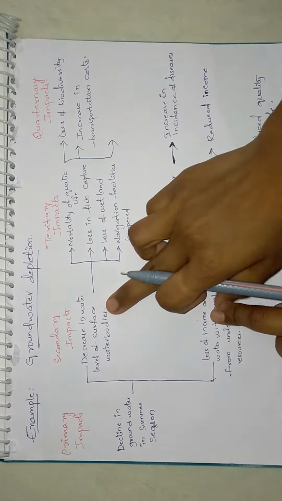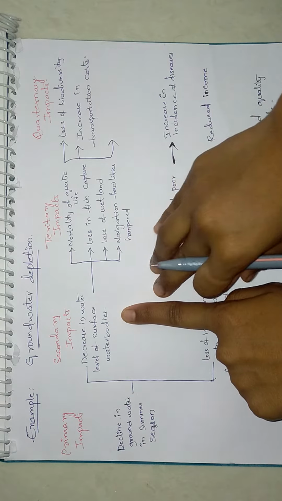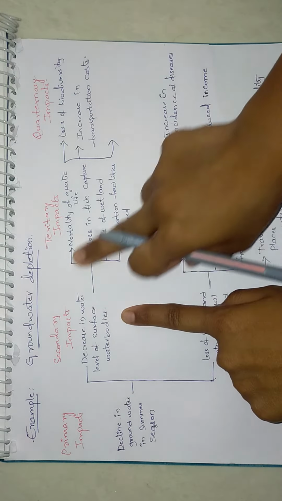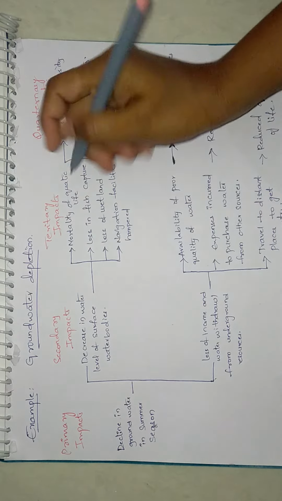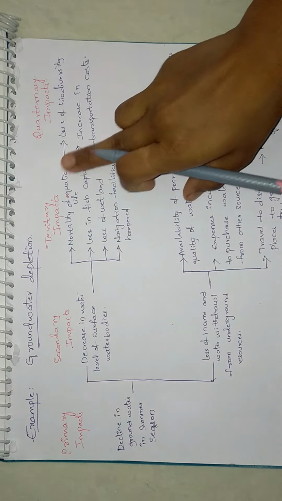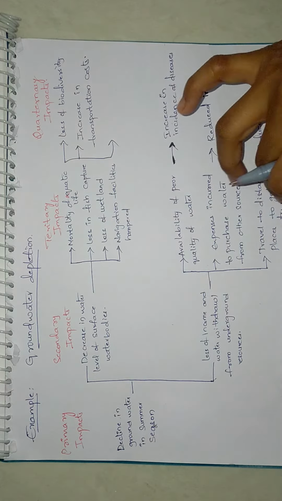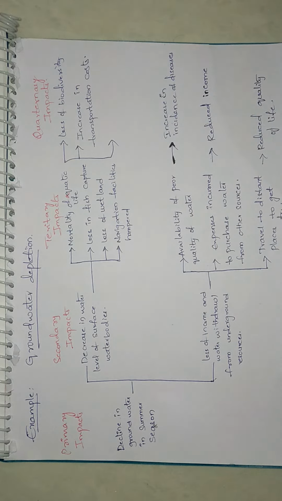Now because of the decrease in the water level, what will happen? The next thing is mortality of aquatic life. All the animals living in the water will move away, because the water level has decreased, so they can't live in water that has a very low level.